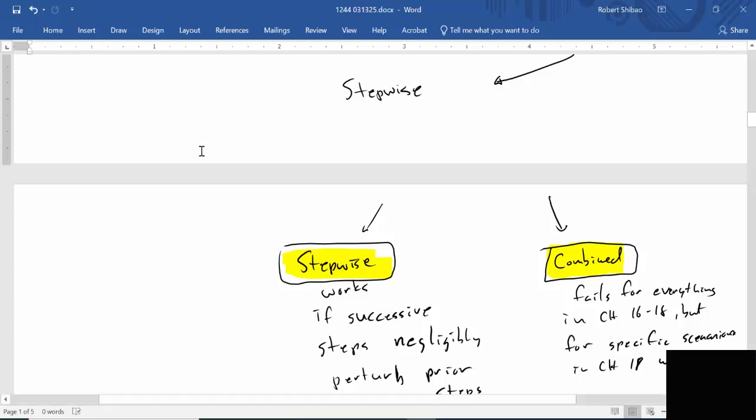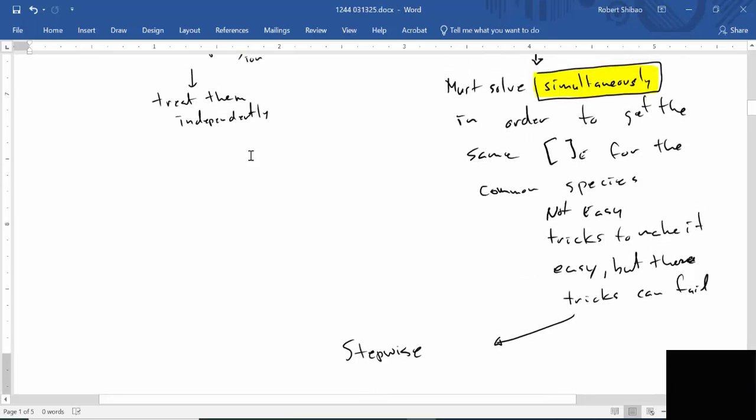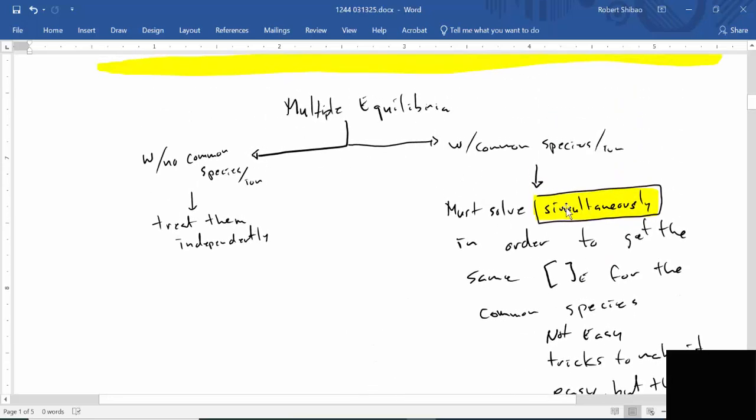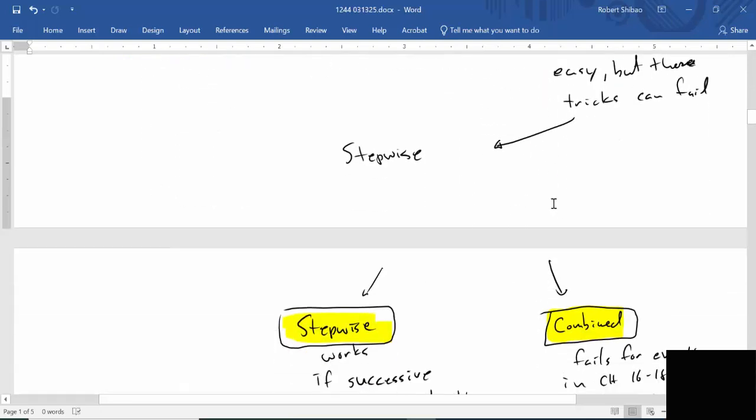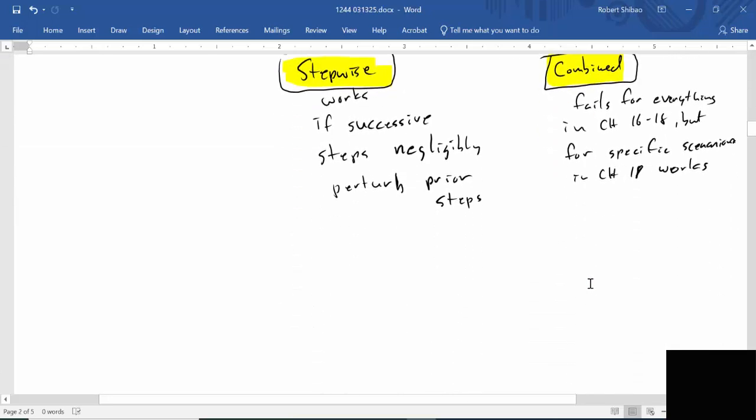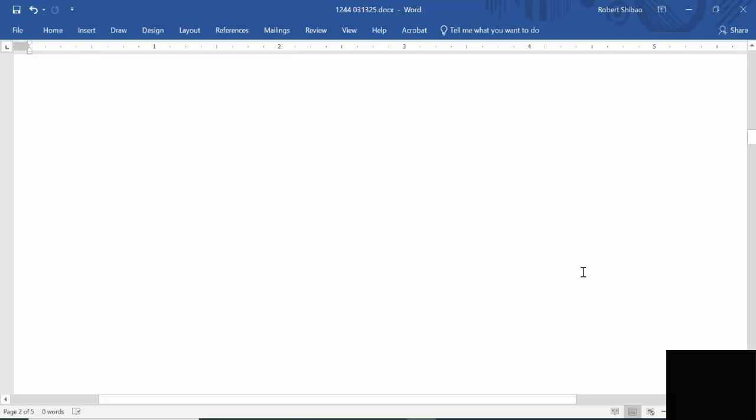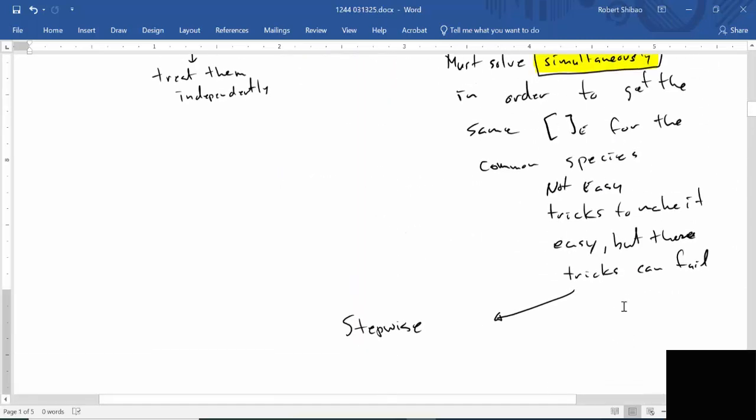So whenever we have multiple equilibria, we have to solve them simultaneously. However, with simultaneous, the math is too hard, and therefore we do tricks. Unfortunately, the trick of doing stepwise failed here. We can't do combined, it's going to fail here. So the only thing we can do is simultaneous. So let's look at a simultaneous approach to this.